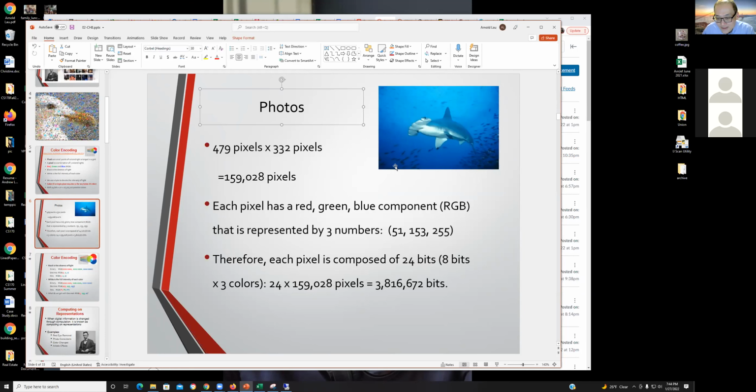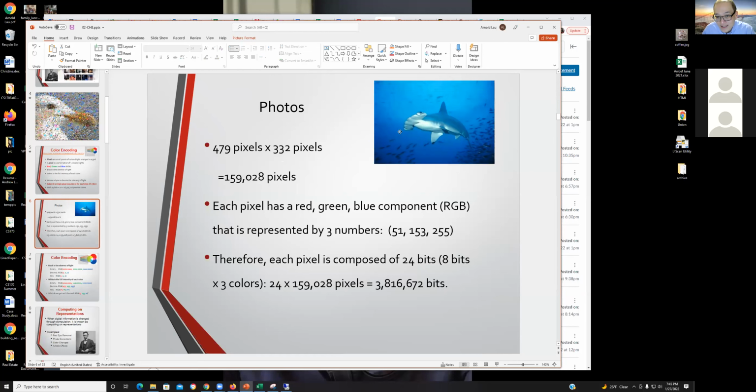But instead of the units being inches or centimeters, it's pixels. So in this case, let's say for the sake of argument, this picture is 479 pixels going this way, and 332 pixels going this way. Whether it really is or not, I don't know, but the idea is just pixels.